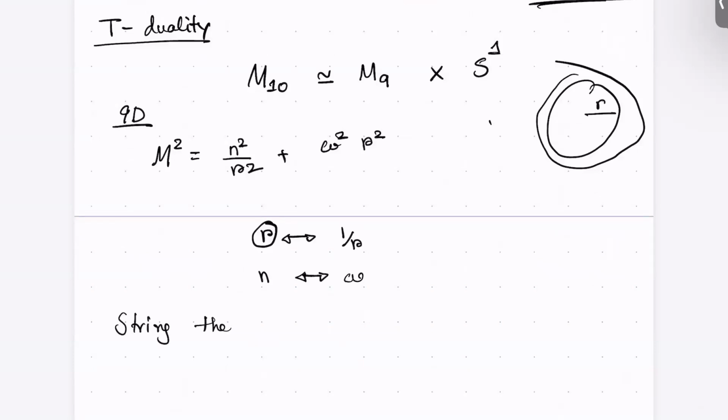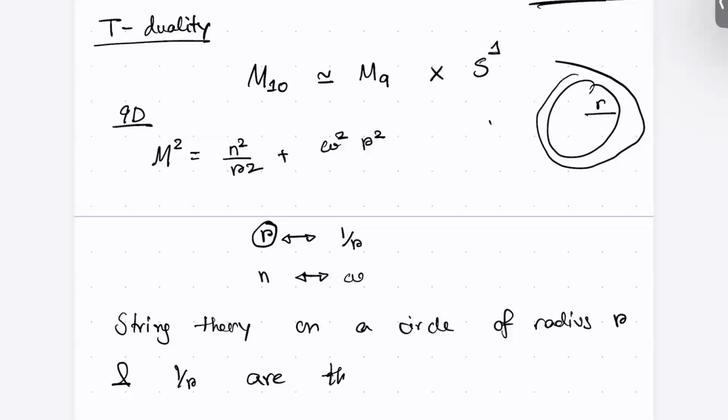String theory, or in this case, type 2B string theory, on a circle of radius R and 1 over R are the same.